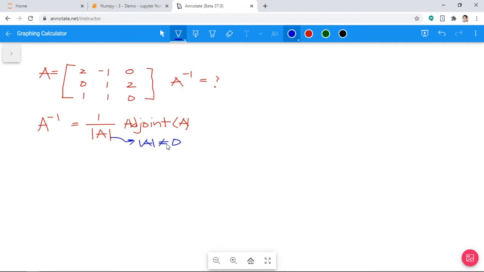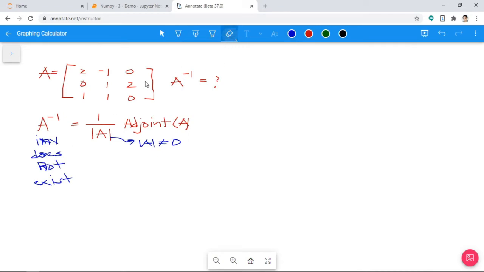So if that is the case, the inverse, let's denote this as inv, does not exist if the value of the determinant is 0.